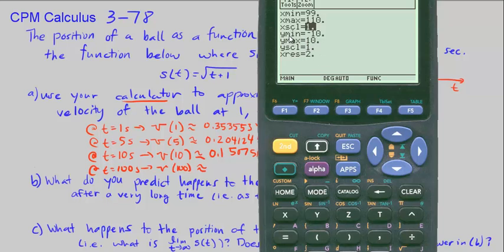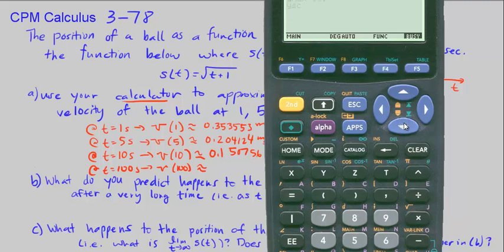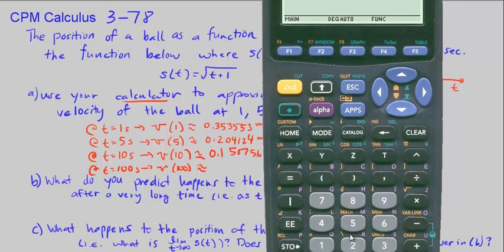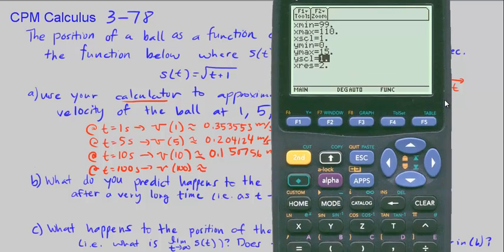And the y scale, well, I know the square root of 100 is 10. So if we have 100 as our t, it's going to be around 10 point something. So let me change the y scale to go from, let's say, 0 to 15, just so we can make sure we're going to see it in our window.